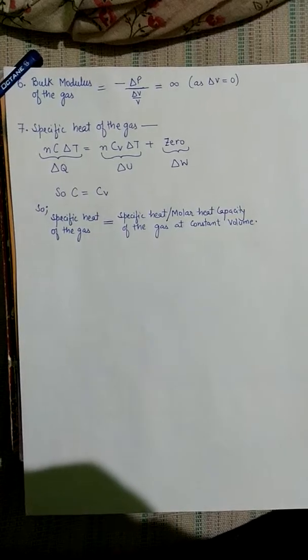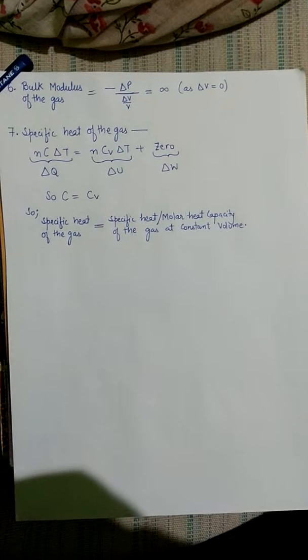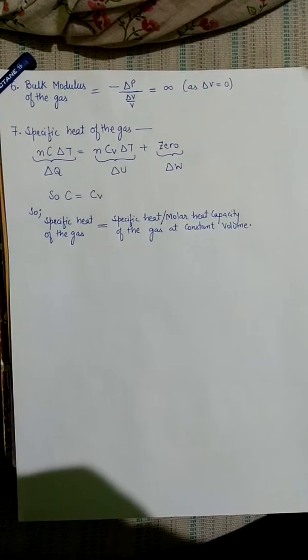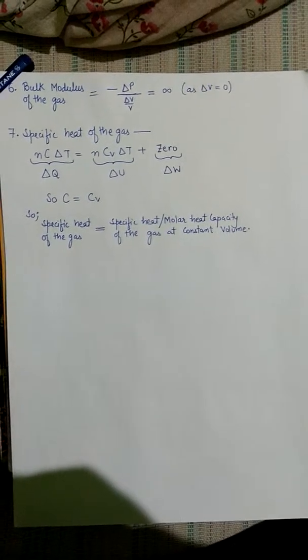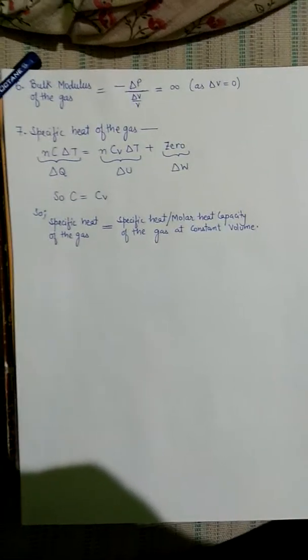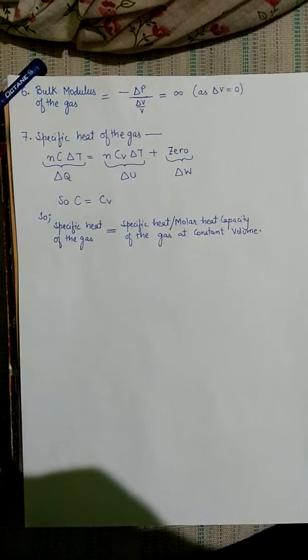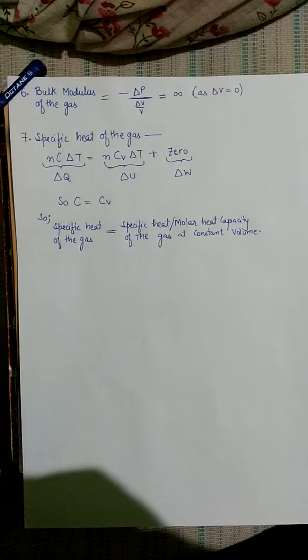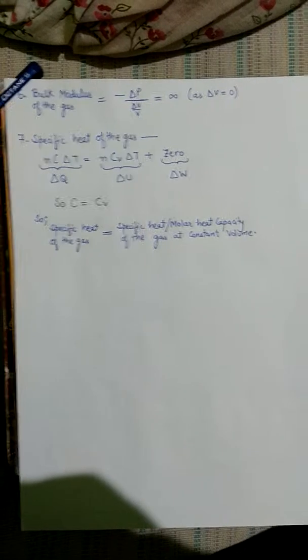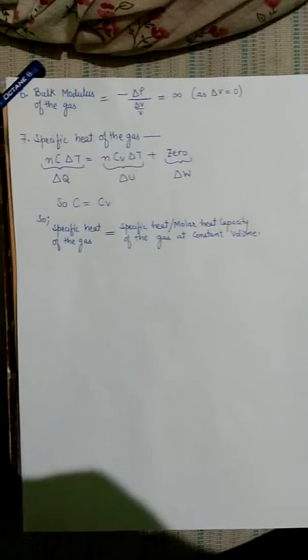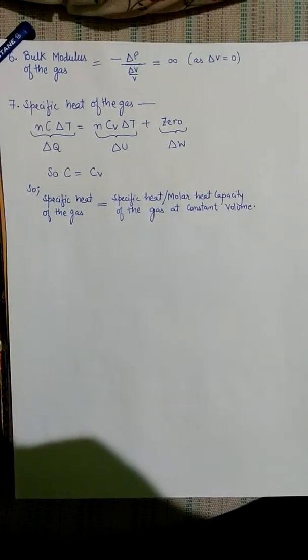Applying once again the first law of thermodynamics, delta Q = delta U + delta W. Here delta W is 0, so delta Q is nC delta T and delta U is nCv delta T. So C = Cv. So in an isochoric process, the heat capacity of the gas is equal to the molar heat capacity of the gas at constant volume. This completes our isochoric process.